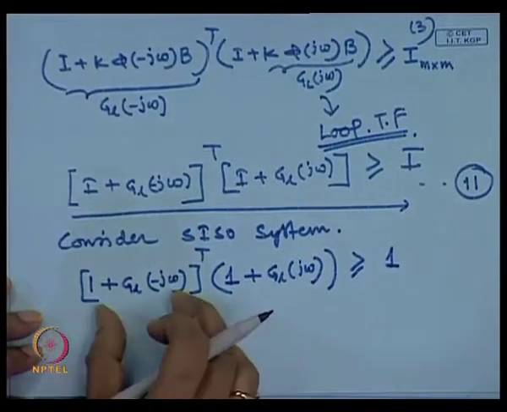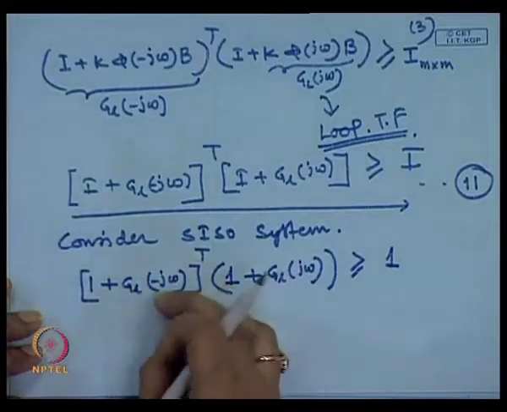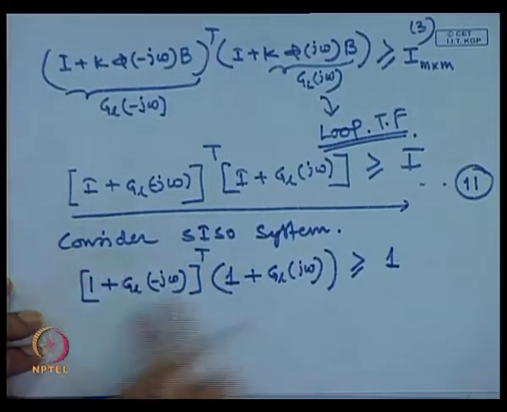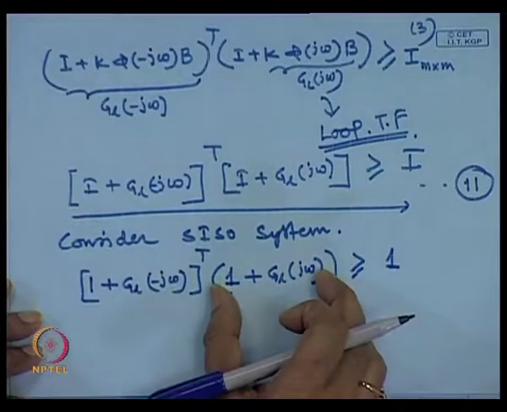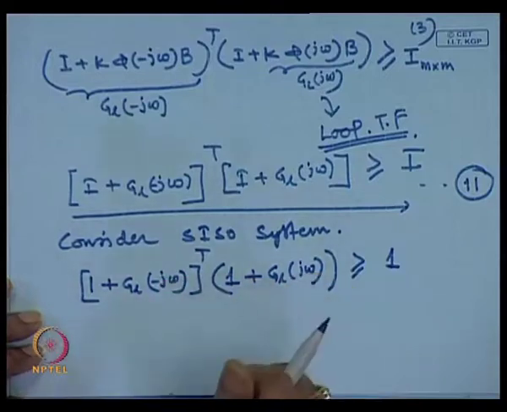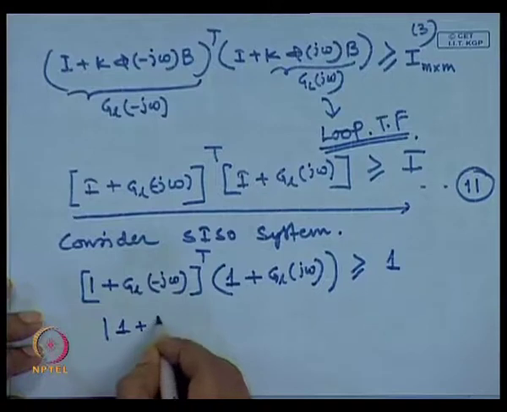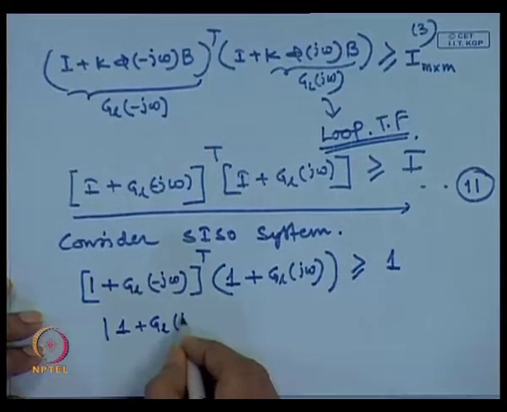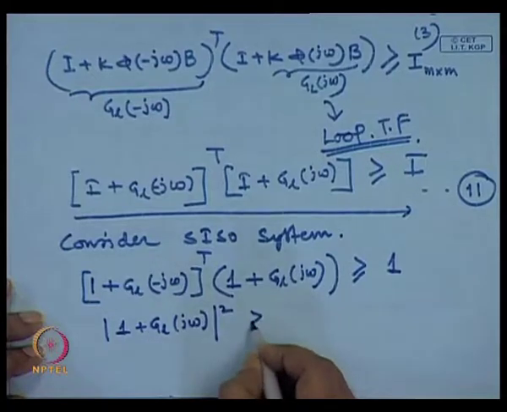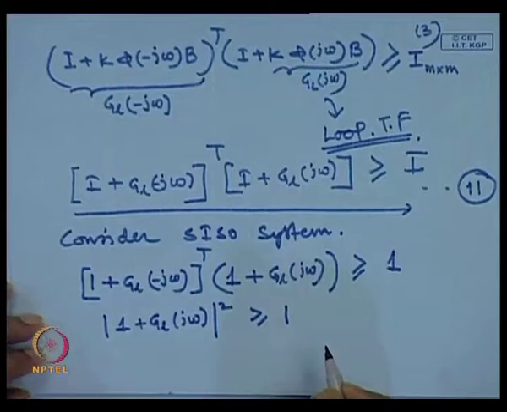Since this is a single input case, G_L is a ratio of two polynomials. If you take the absolute value of each factor, both absolute values will be the same. So, I can write |1 + G_L(jω)|² ≥ 1.